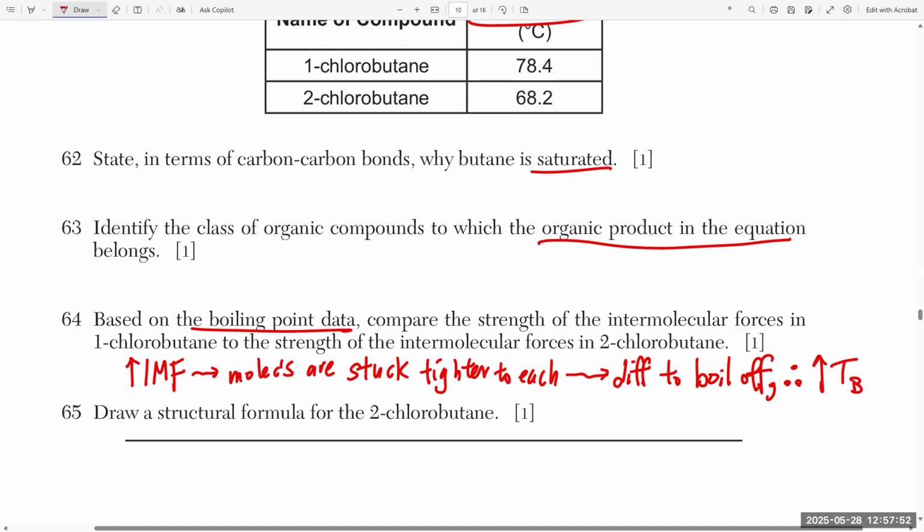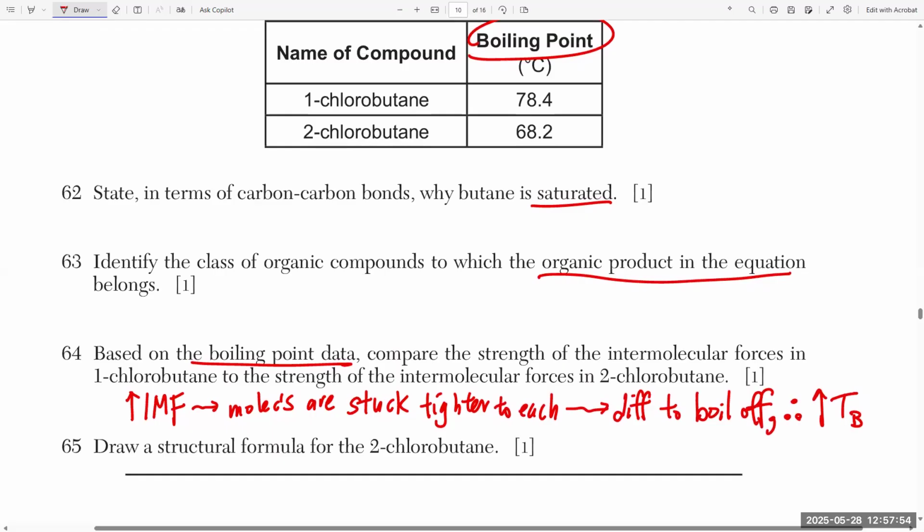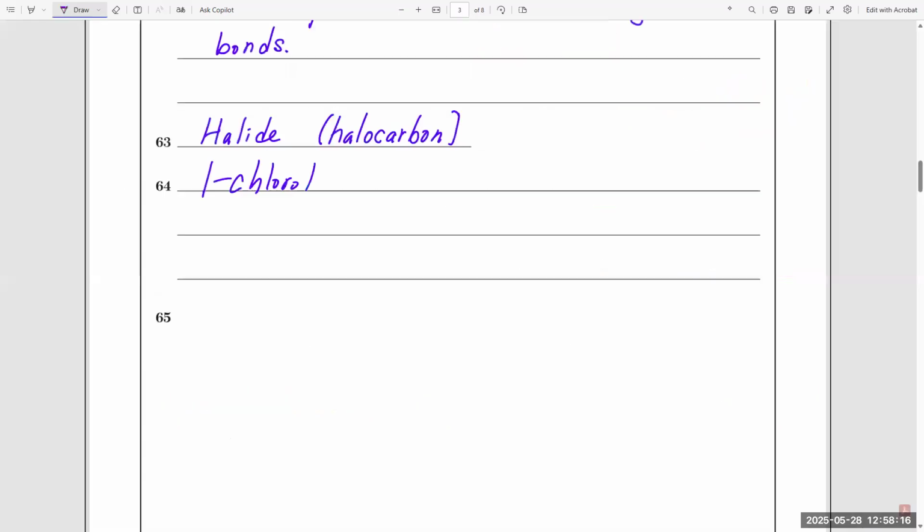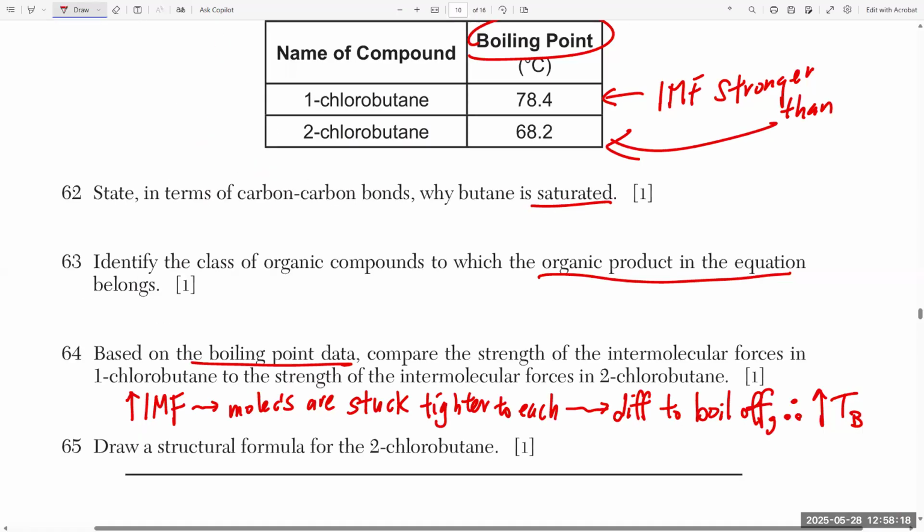So what does that mean? That means if you look at this, who's got a higher temperature? That's this guy. So therefore, we would assume that this IMF is stronger than that of 2-chlorobutane. And that's it. That's literally what you write. So you would go here, right? 1-chlorobutane, is it tane or teen?